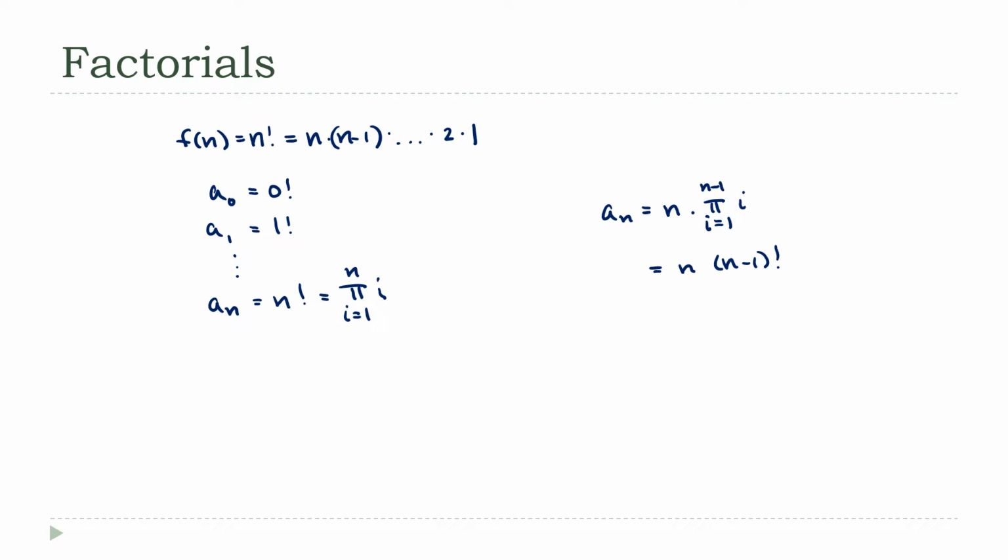So if we replace that expression with a sub n minus 1, we get the exact same sequence, except now it's defined recursively. And to complete the recursive definition, we need to also define the initial value, a sub 0, which would be 0 factorial, which is just 1.